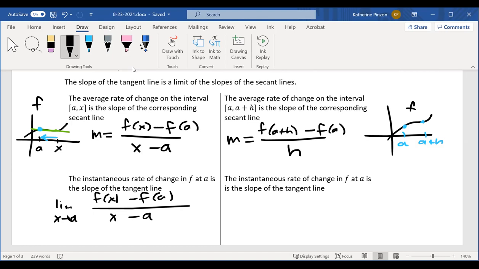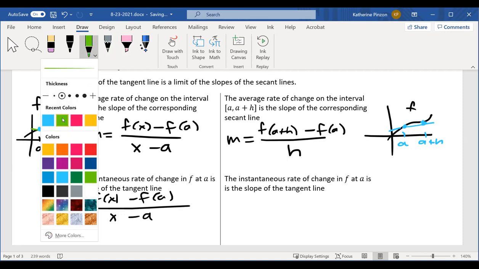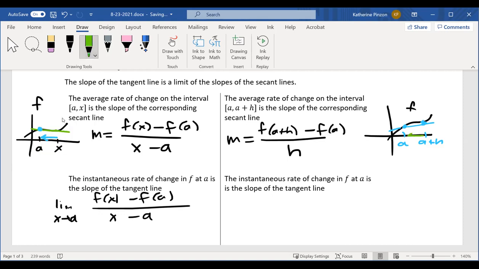When I do a plus h minus a, the a's are going to cancel. I'm going to be left with just an h there. That's going to be the slope of that secant line joining these 2 points. If I want the slope of the tangent line, I'm going to take this point here and move closer and closer to A. As this point gets closer and closer to A, what happens to this value of h?